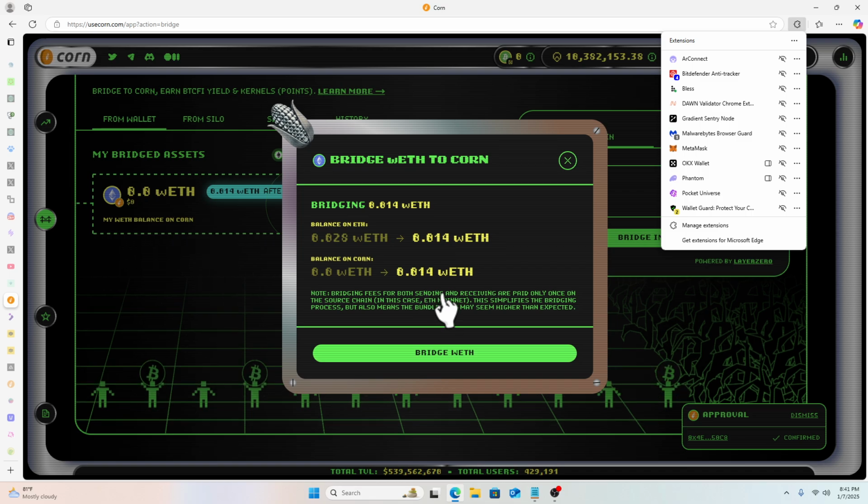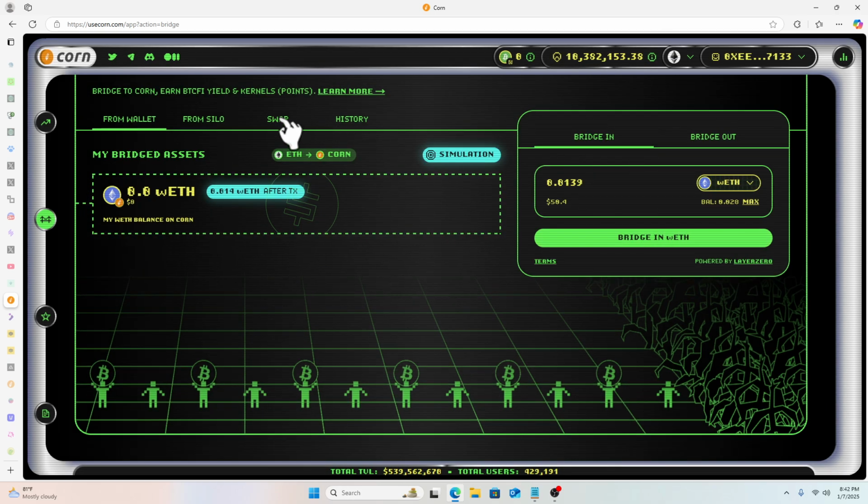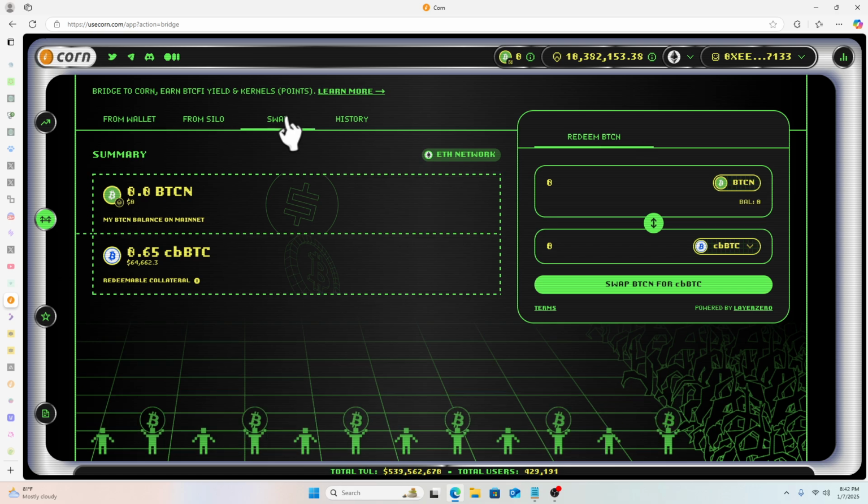So this may not have been the best approach, I would think so, because I'll be getting wrapped ETH on the Corn chain, and I won't be able to pay transaction fees. So maybe there is a better strategy. Let's click on swap here.